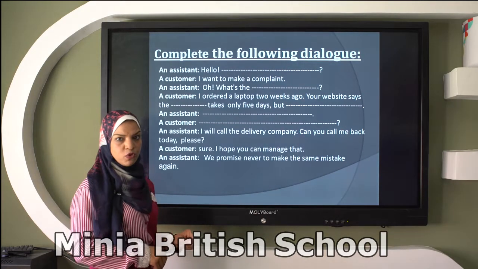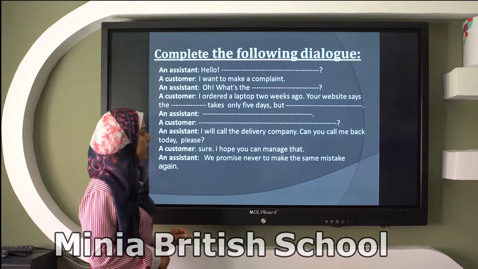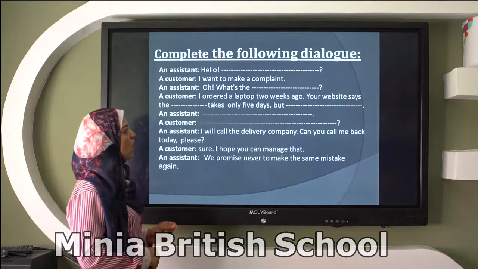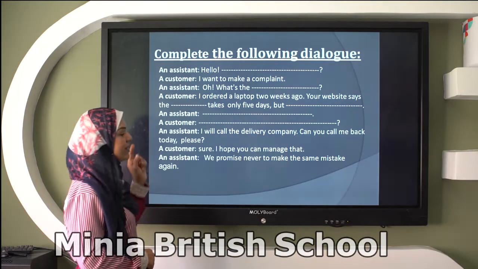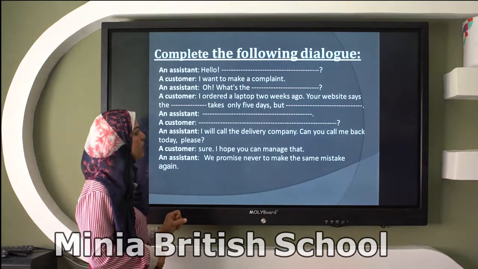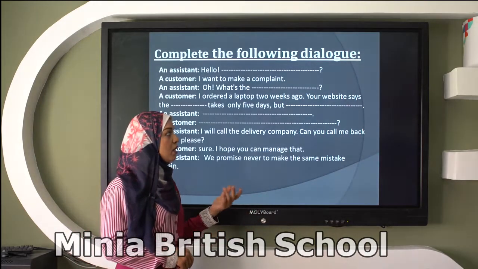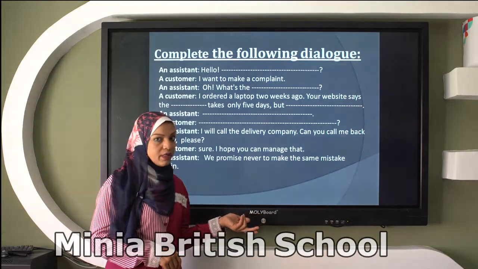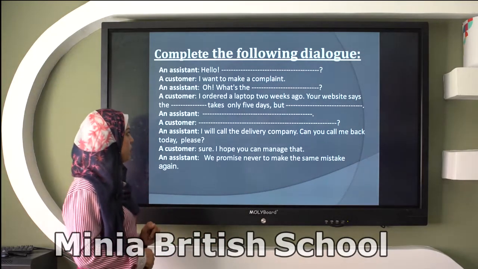It looks like the laptop is quite far away from the timing when he had to receive it. I ordered a laptop 2 weeks ago. Your website says the delivery, so it's a problem about the delivery of that thing, takes only 5 days, but I'm still waiting, I haven't received anything yet, it's not here yet. All these answers are accepted.